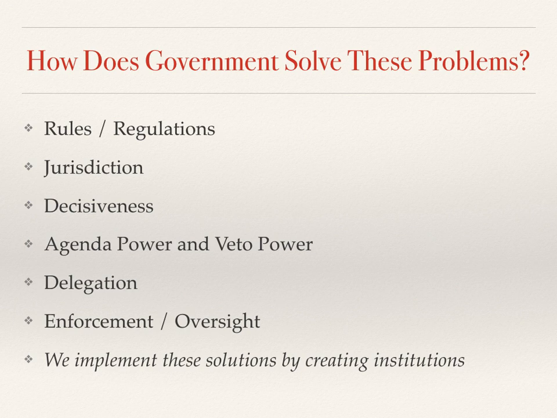Then when they hear these appeals, because they have the ultimate decisive power, they are then able to tell lower courts who are under the Supreme Court's jurisdiction how to use Supreme Court rulings, right, and how to decide certain matters of law. So we've just seen jurisdiction, rules, and decisiveness.